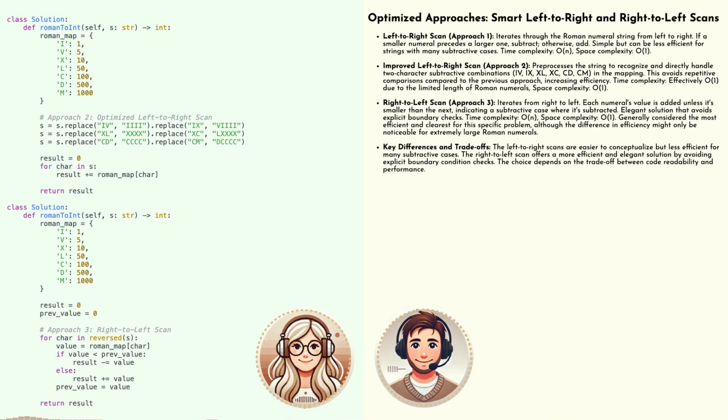We start at the very end, the rightmost character of the Roman numeral string, and initialize our total with its value. So we're starting with a guaranteed addition. Exactly. Now we move one character to the left and compare its value to the character we just added to the total. And that tells us whether to add or subtract. Right. If the current character's value is less than the value to its right, we subtract.